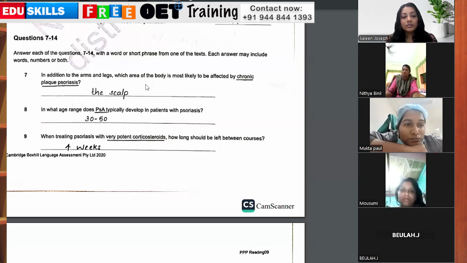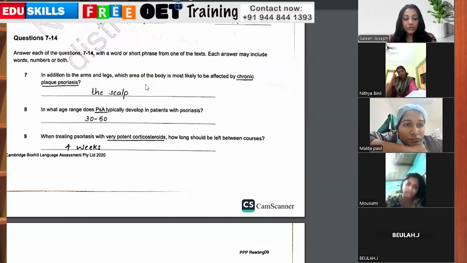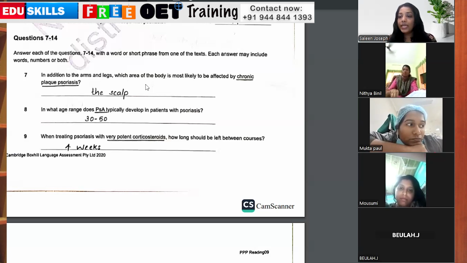Now again, I don't think in the 8th question you have doubt about what age range for psoriatic arthritis. In text A, it is 30 to 50 years of age. If you write between 30 to 50 years of age, that is also correct. Or if you write 30 to 50, this is also right.